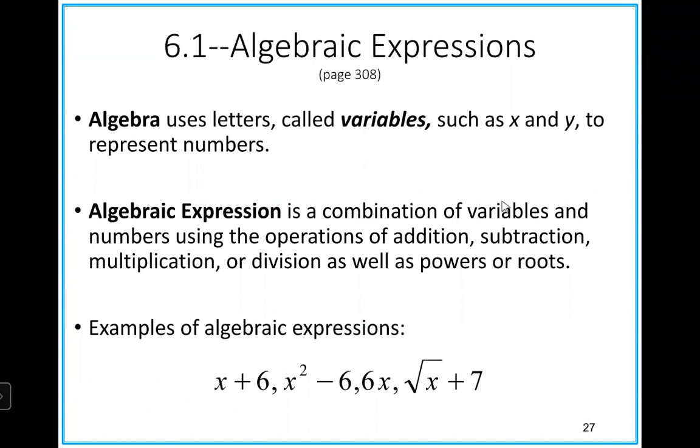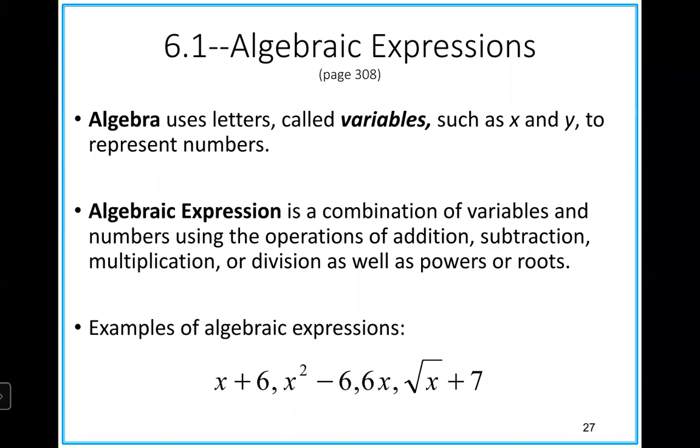Sorry about that, but we want to try and cover at least 6.1, the first section of chapter 6, which begins on page 308. This portion is looking at some of the terms involved in algebra. So we are looking at algebraic expressions.